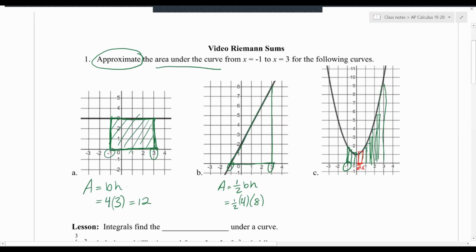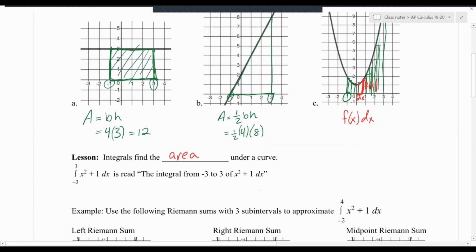This stands for some very, very small x. And our height is just the value of the function, f of x. So the area of one rectangle is f of x times dx.